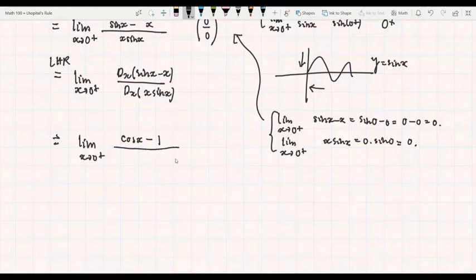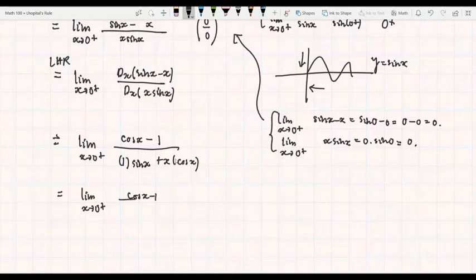And for the denominator, we have the product x times sine x. So in order to differentiate this, we will use the product rule. So we have the derivative of x times sine x, or we have 1 times sine x plus x times the derivative of sine x, which is cosine x. So simplifying, we have limit as x goes to 0 plus of cosine x minus 1 all over sine x plus x cosine x.